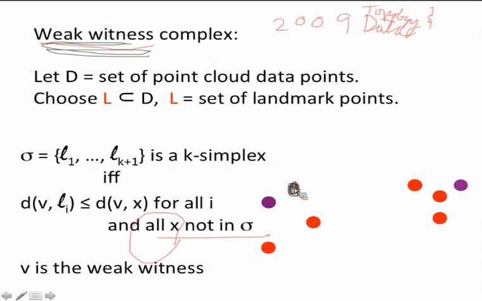I believe this is the more common definition for weak witness: we're looking at the closest point compared to your witness. So in this case, I'm using this as my witness. It's the closest point for all my data points. And this is also discussed in the 2005 paper, the De Silva and Carlsson paper, where we now look at the closest points for all of them, not just the landmark sets.